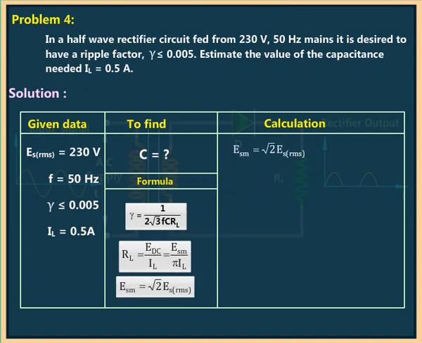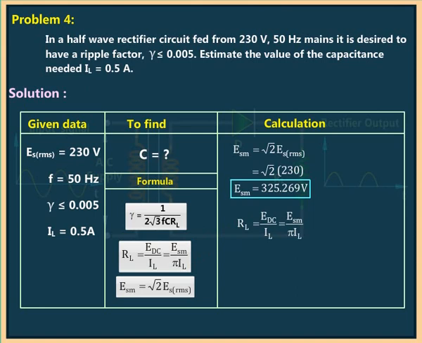Calculation. First, we have to find the ESM value. ESM is equal to root 2 ES RMS is equal to root 2 into 230. ESM is equal to 325.269 volts.